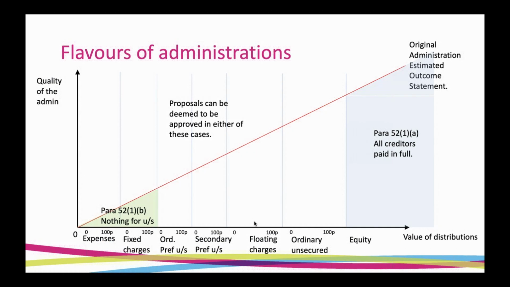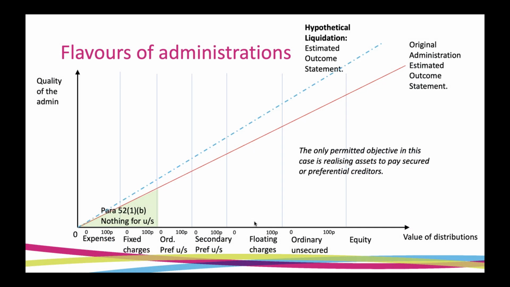And those are two of the three paragraph 52(1) tracks where your proposals can be deemed to be approved. Third one, 52(1)(c), is a bit more complicated. For these, we have to compare the result you think you're going to get in the estimated outcome statement published with your proposals. We have to compare that to a hypothetical liquidation of this company.